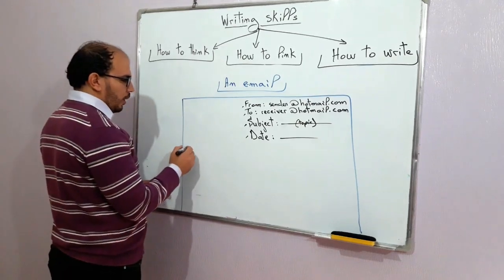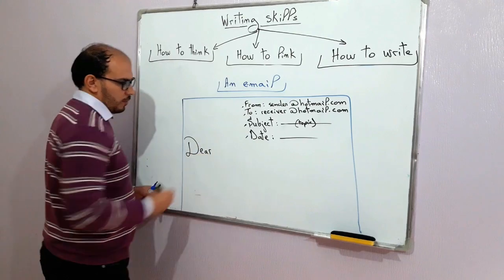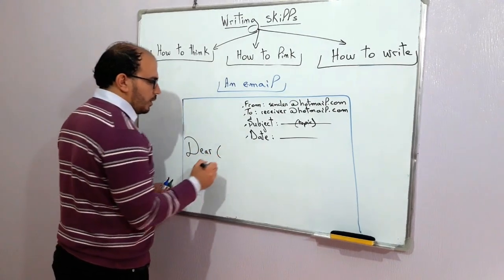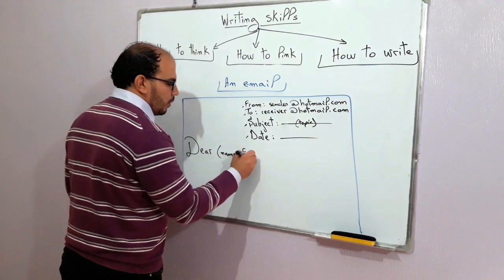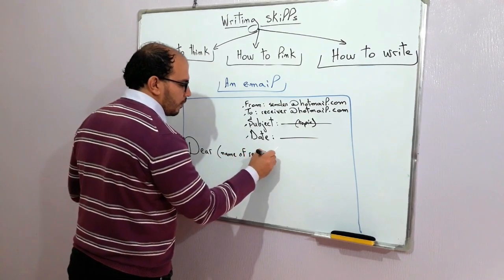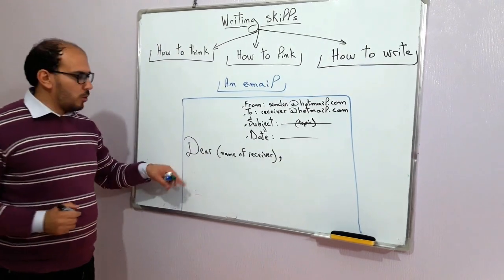Next I move on. I should have a greeting, so I say dear, and it is followed by the name of the receiver, then a comma. Then I have to introduce the topic.